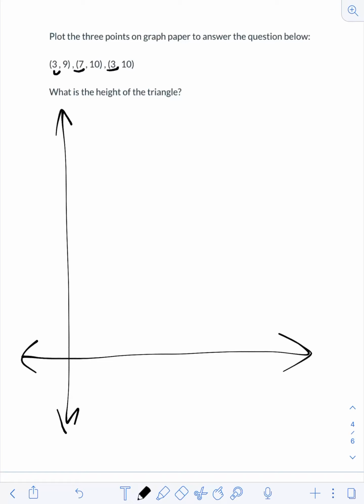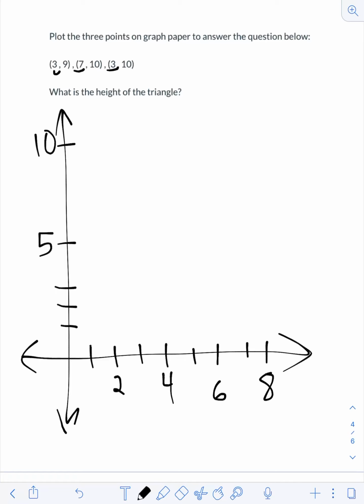Well, the biggest x is 7, which rounds up to 8. So I'll put an 8 here. 4. Oh, I can cut 4 in half and get 2. See, look how easy that is. And everything looks pretty good. The biggest y is 10, so I'm going to put a 10 here. Then a 5. 1, 2, 3, 4, 6, 7, 8, 9.